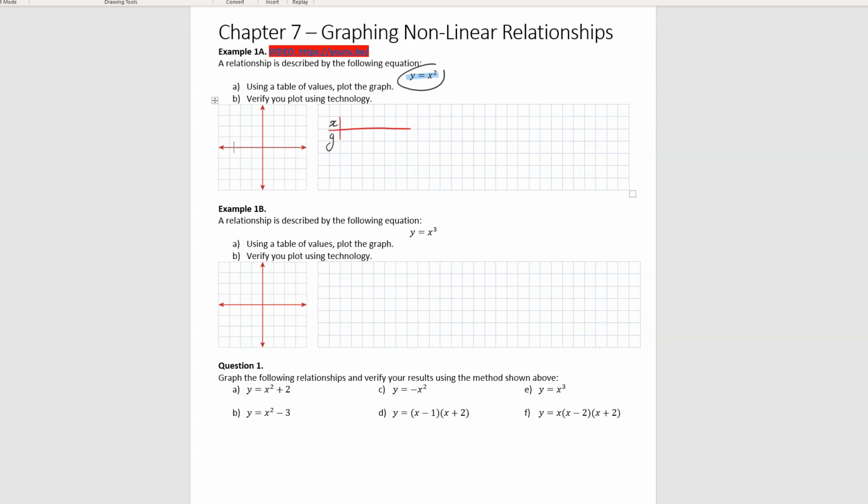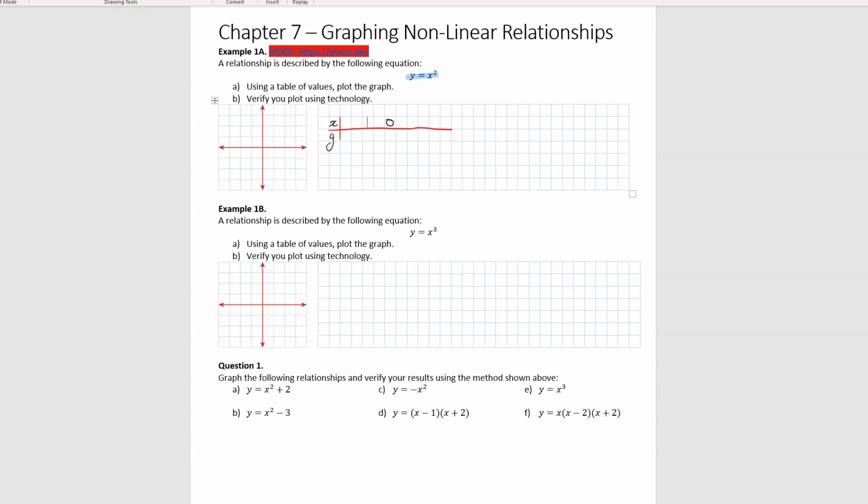Now when I look at a function like this, I have to ask myself, what are the easiest values to determine? Instantly the first one that comes to my mind is simply when x is equal to, say, 0. That's quite an easy one to work with. So I'll put 0 here so we can space it out a little bit more.